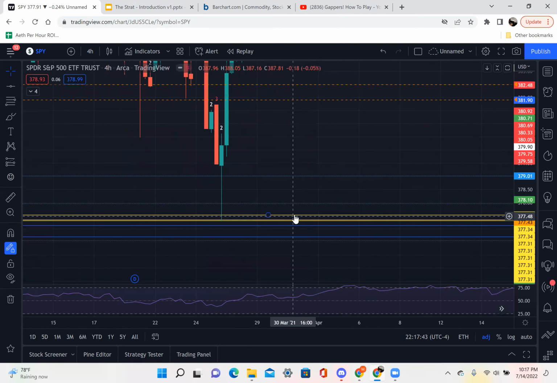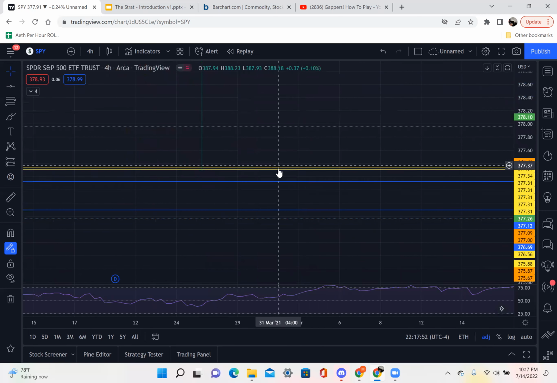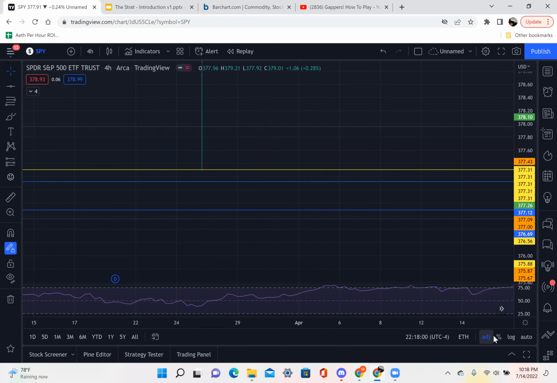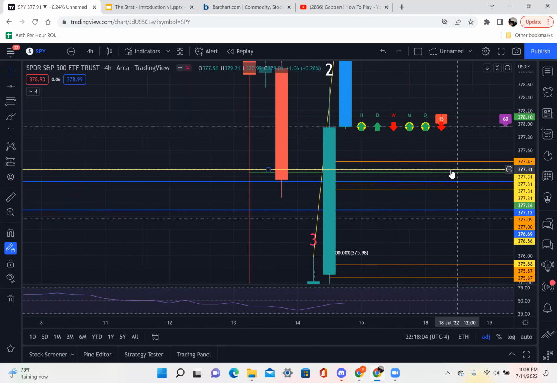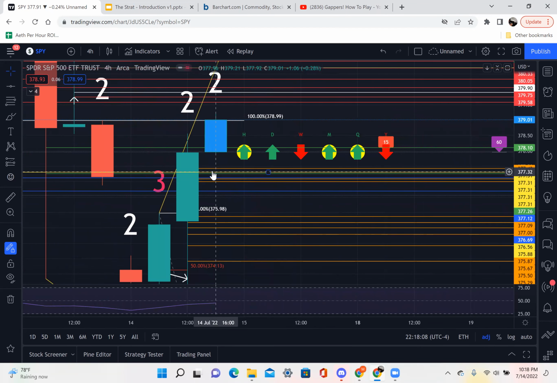Damn. All right, so delete. I'm gonna just keep one of these lines, and all we're gonna do is go to our fresh data and see if we hit that. See if we bounce off that. Go to the front. No, we ain't even touched it yet. That yellow line right here.